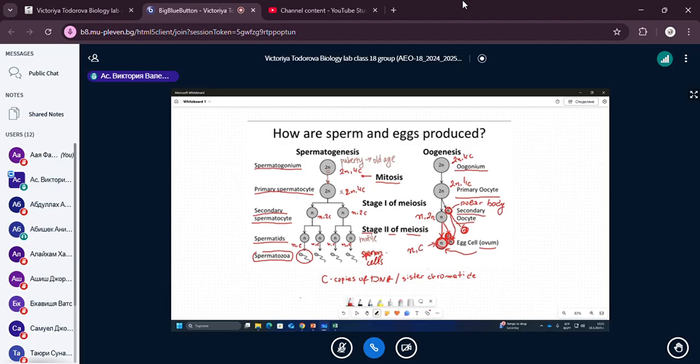All their cytoplasm is inside the mature ovum, because these nutrients coming from the other cells, from the polar bodies, the mature ovum needs to nutrify the future zygote. Nutrify, is it the correct word?